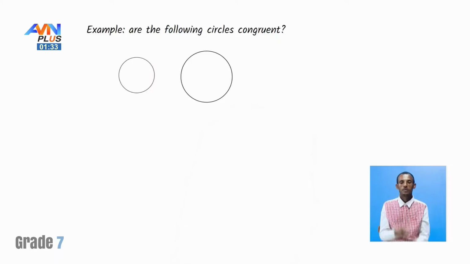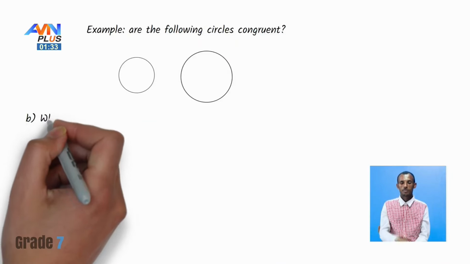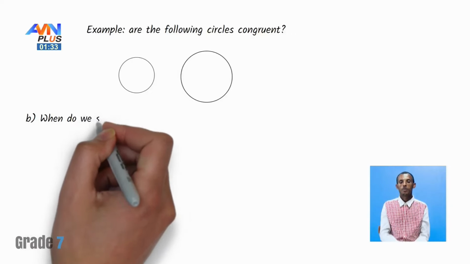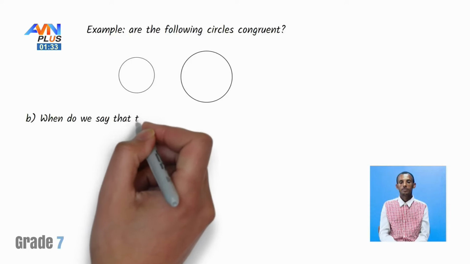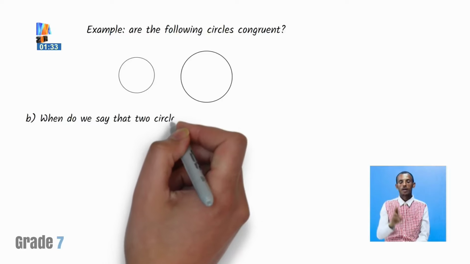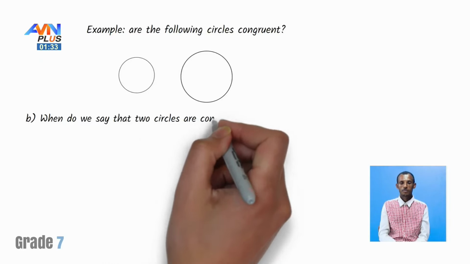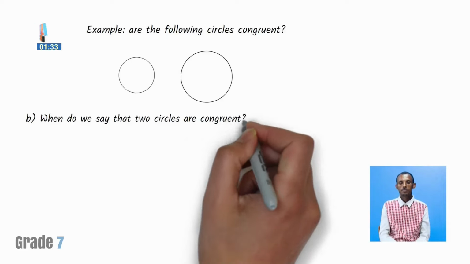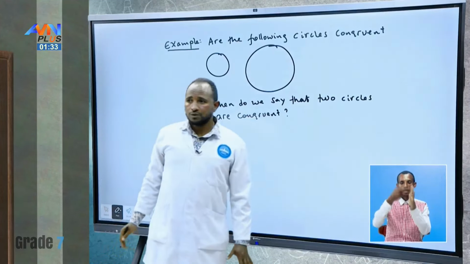Are these two circles congruent? And again, when do we say that two circles are congruent? I'll give you 30 seconds for this question.